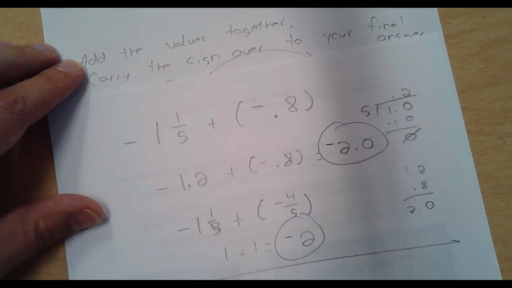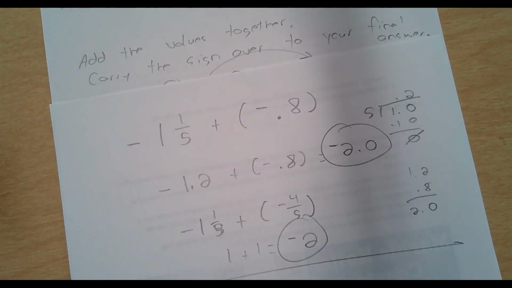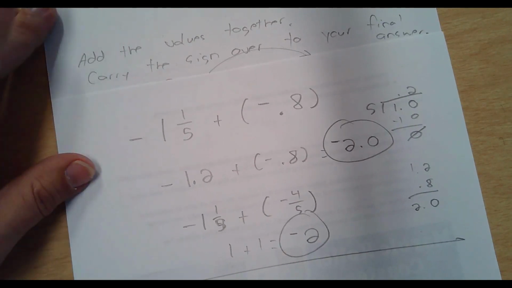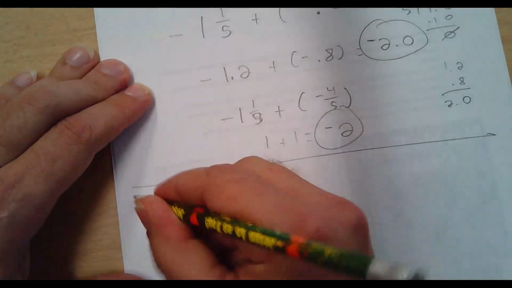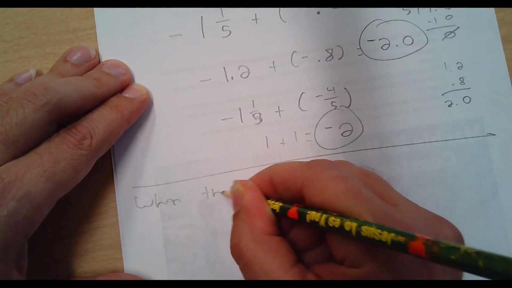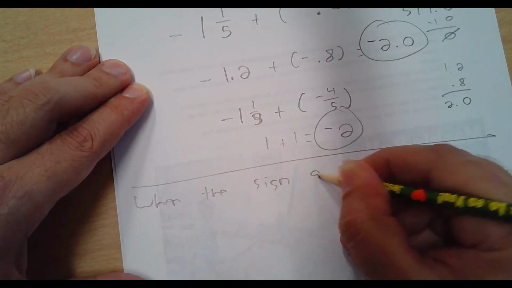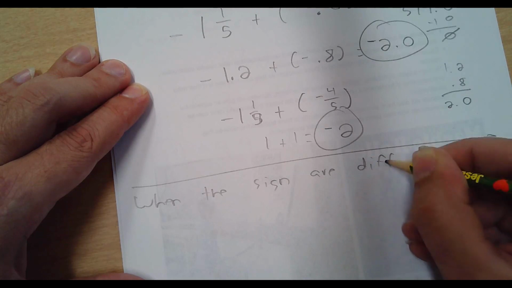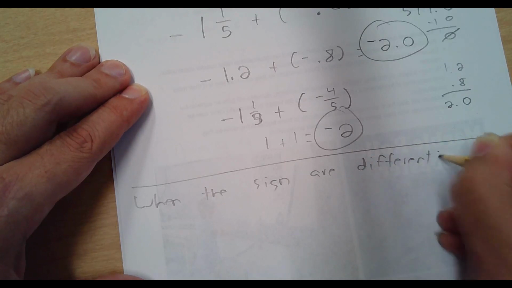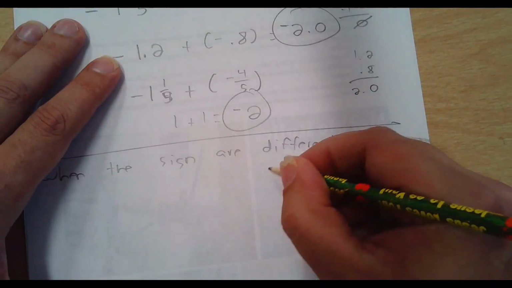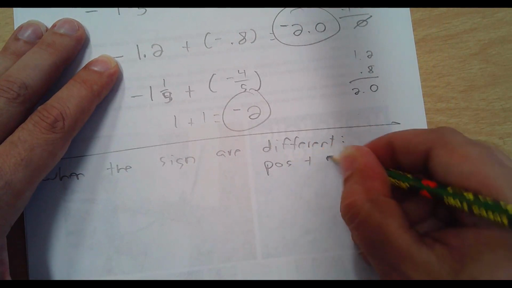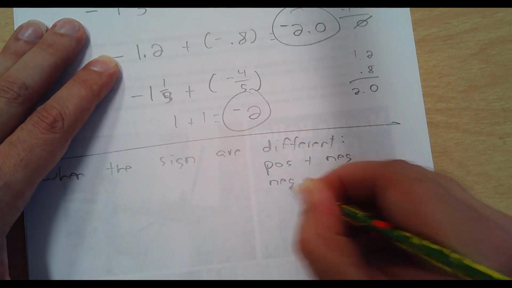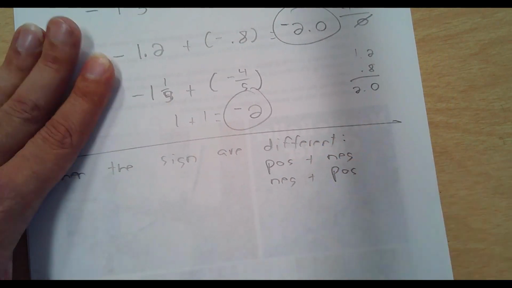And the sooner you can learn these rules and apply them properly, the easier your life is going to be here. But we are talking about when the signs are different. In this case, we're talking about a positive plus a negative, or a negative plus a positive.